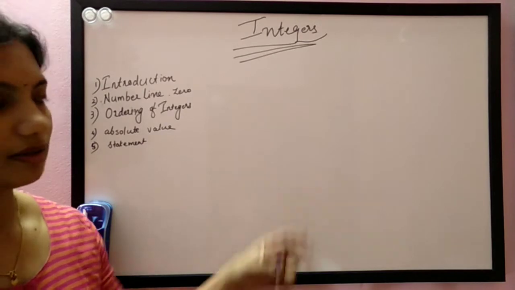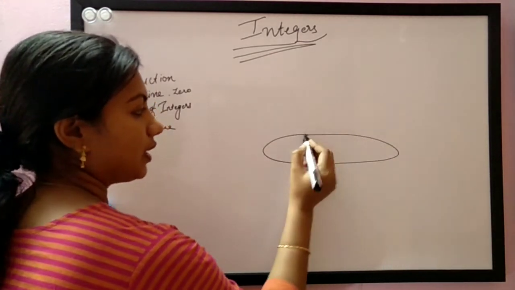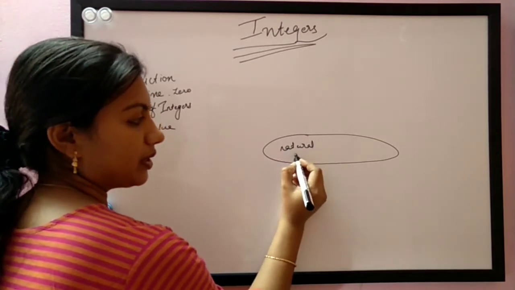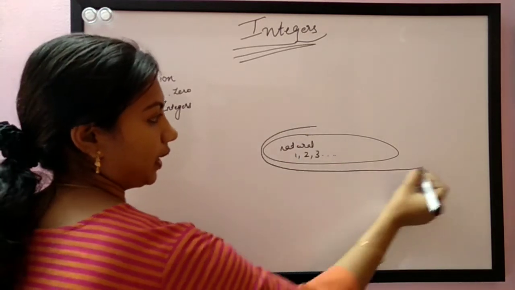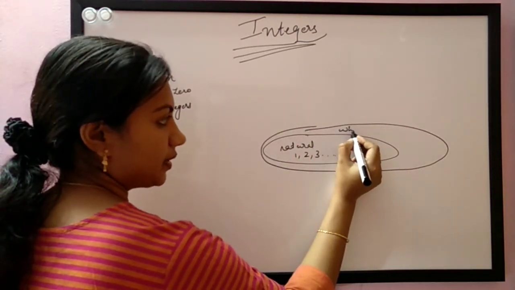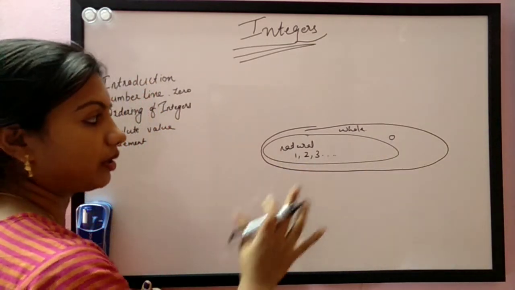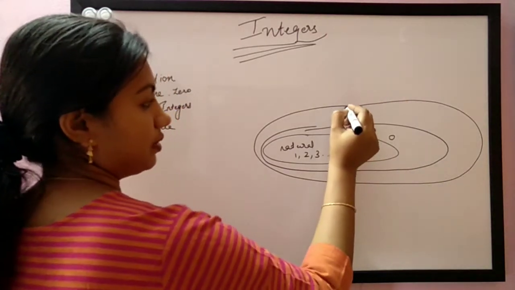Today's topic is integers. So what are integers? We have natural numbers. Natural numbers are 1, 2, 3, etc. We have whole numbers. Whole numbers, which include 0 along with natural numbers, are whole numbers. Now, what are integers?